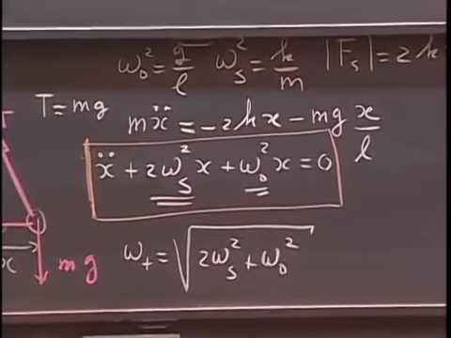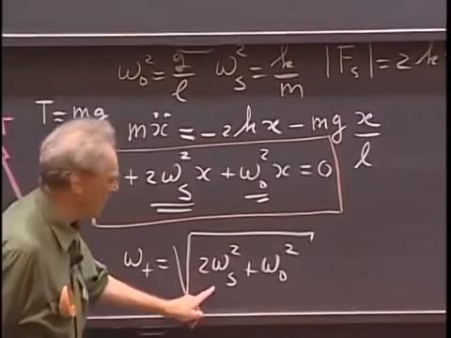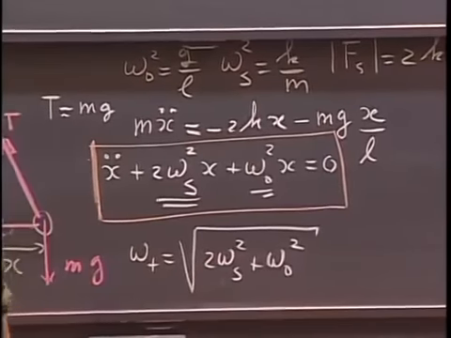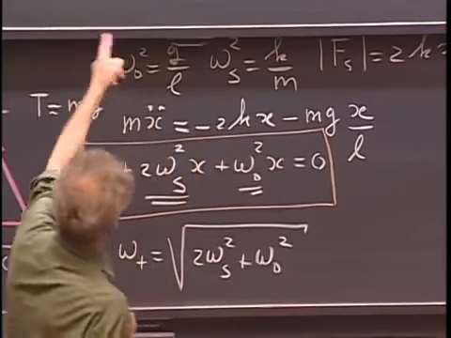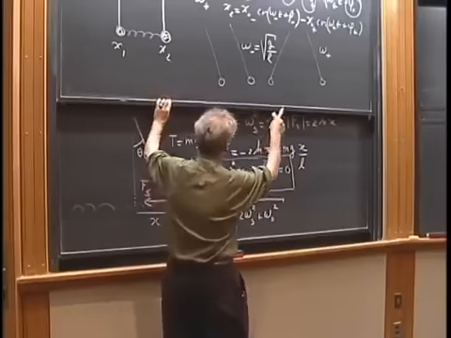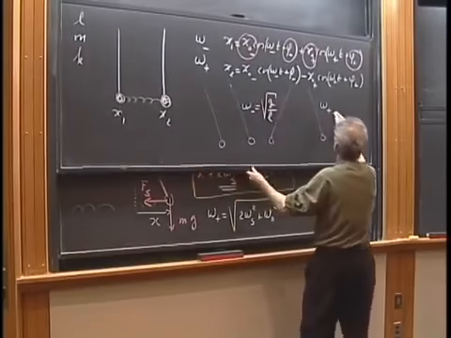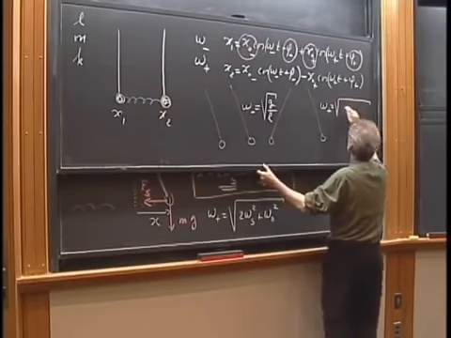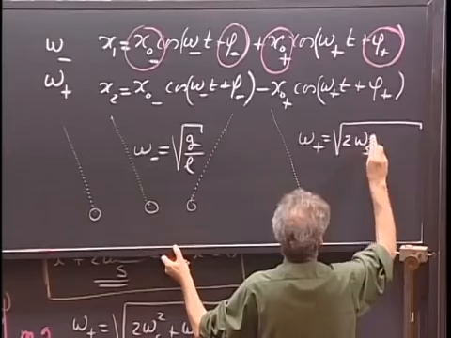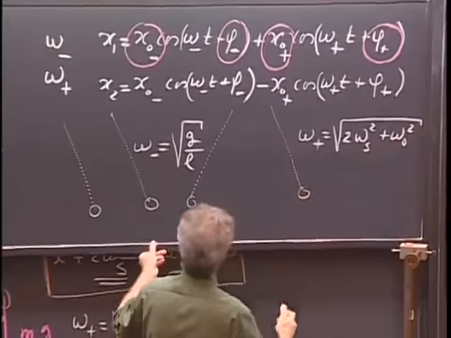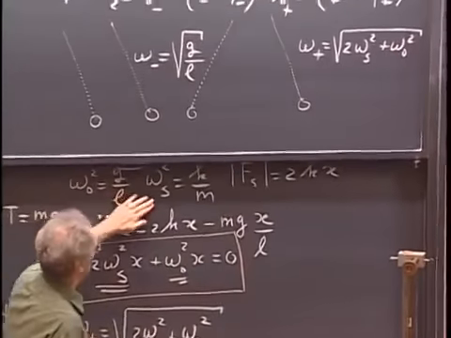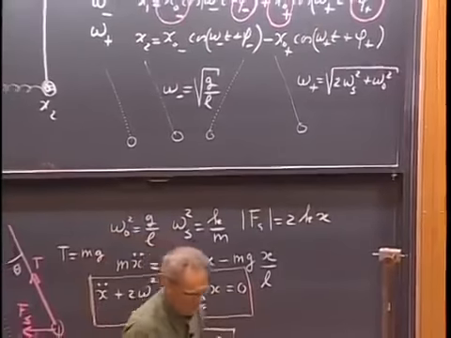It is larger than omega 0, because this is the effect of the spring. And so omega 0 is the one here, and omega plus now is the square root of 2 omega s squared plus omega 0 squared. And omega s squared is defined this way.